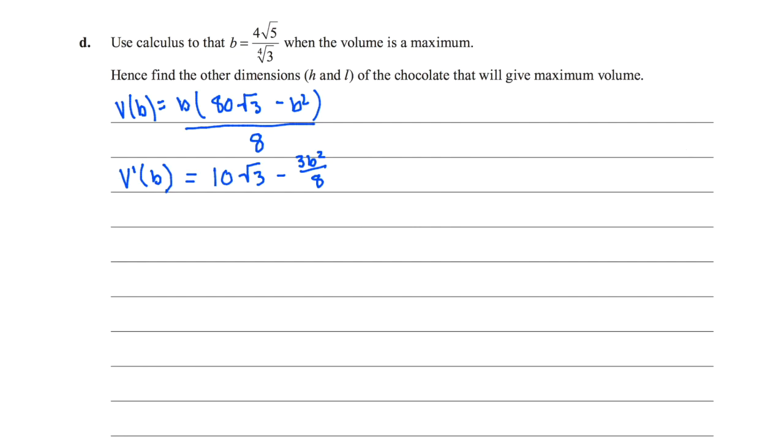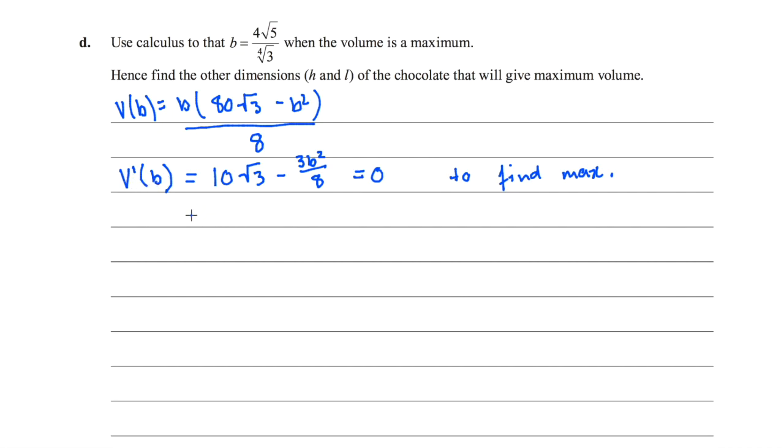Okay, and what we're going to do is set that equal to 0 to find a maximum. We're finding a maximum because at the turning point, at the maximum point, the gradient is equal to 0. So we can use this differentiation to find out the value of b.